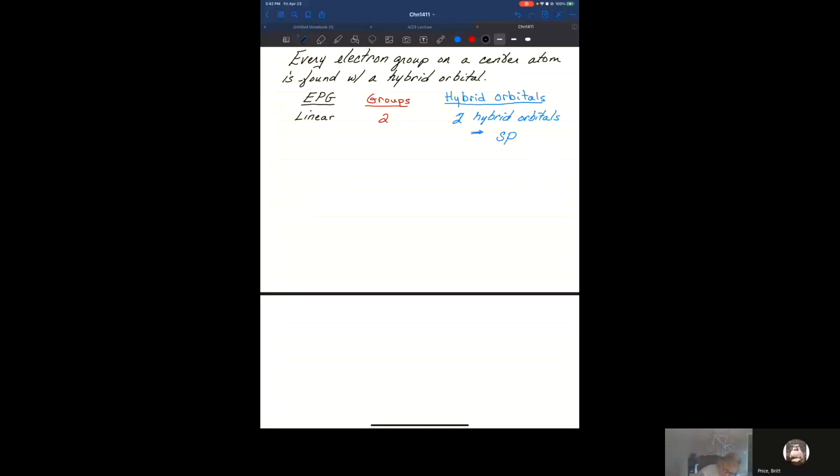If I have the electron pair geometry of trigonal planar, that means that there are three groups, which means that there will be three hybrid orbitals. And these are called sp2.